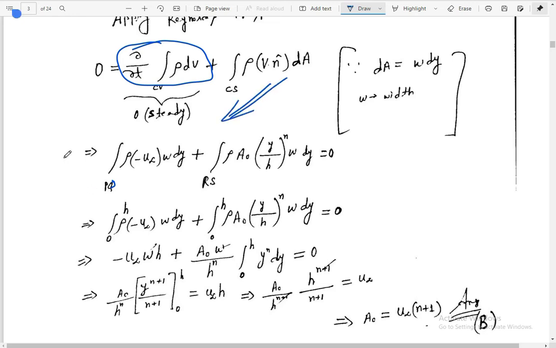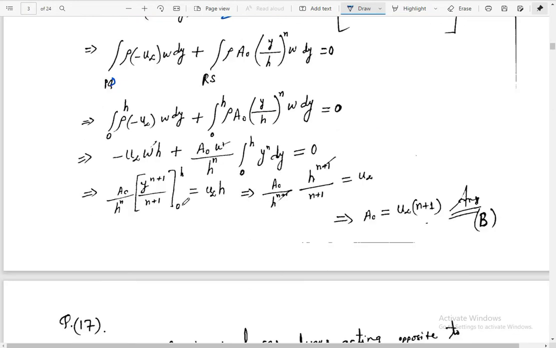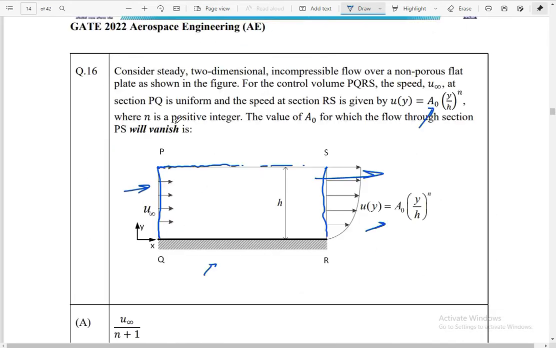Because according to the diagram you can see this is PQ from here to here. After integration we will put 0 to h because the height h is given here. This is h, from 0 and here is h.